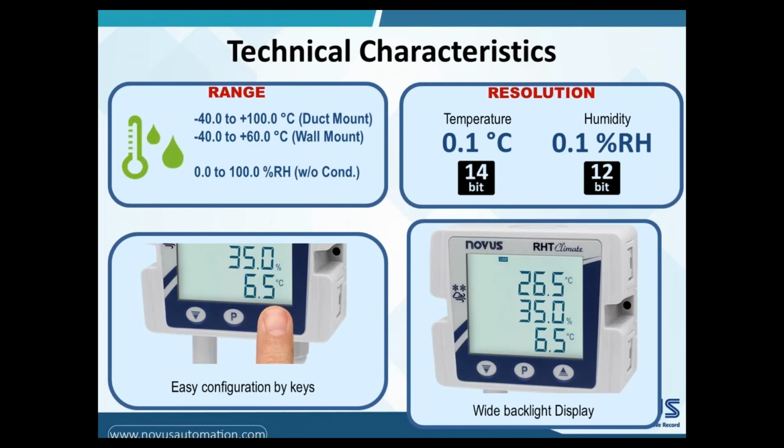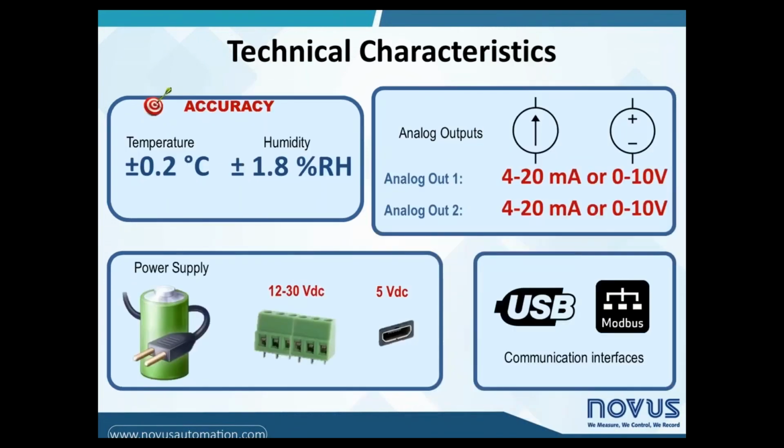The display can present additional information like alarms, maximum and minimum values, and also communication status. The accuracy of measurement is better than 0.2 degrees for temperature, in the range from 0 to 60 degrees. For relative humidity, the accuracy is 1.8%, in the range from 0 to 90% relative humidity.